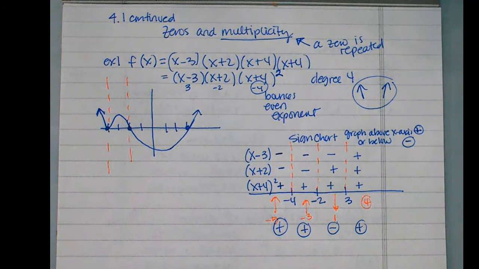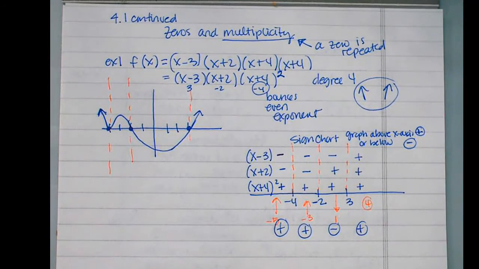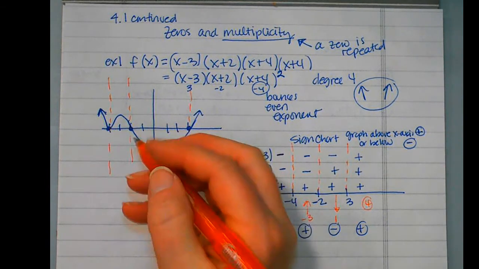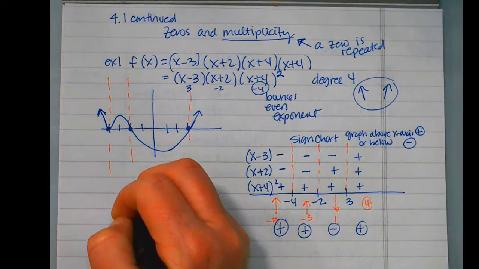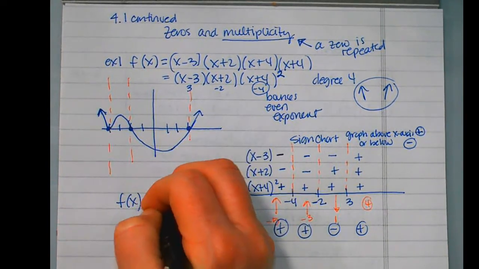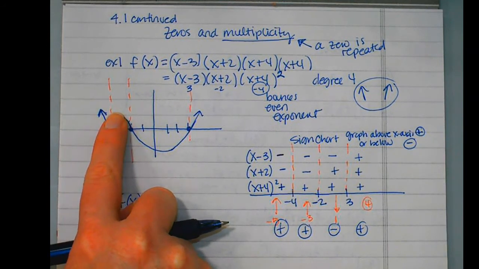And that's useful to confirm stuff like we just did. It's also useful if we were going to shade things like if we had to say, I'm going to write in a pen you can see, if f of x, if we change this problem and said f of x is greater than 0, I would have to say that's only true here, and here, and here.